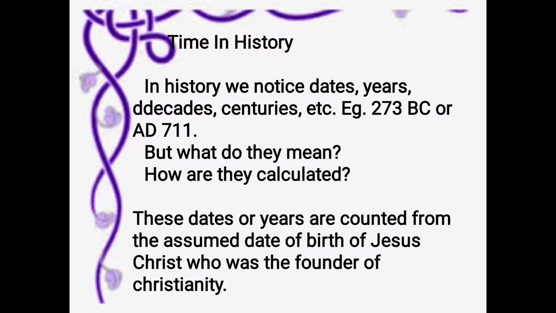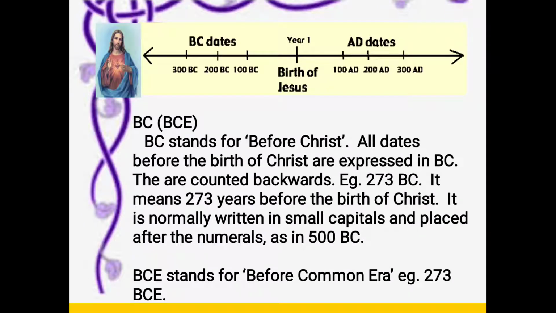But what do they mean? How have they been calculated? These dates or years are counted from the assumed date of birth of Christ, who was the founder of Christianity. So they are counting the dates or years from the assumed date of birth of Jesus Christ, who was the founder of Christianity.